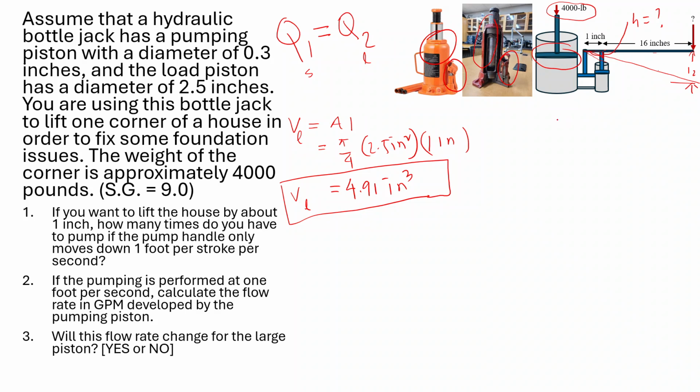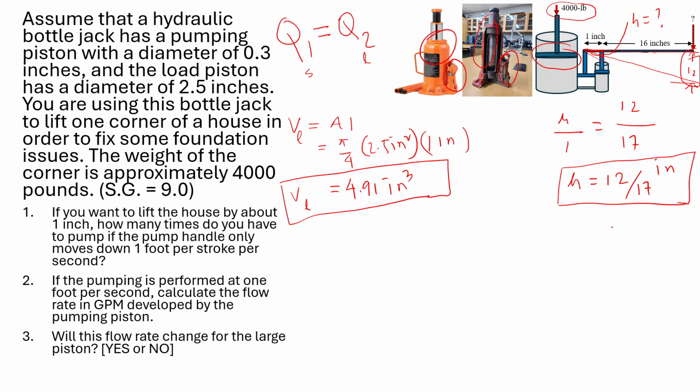So the small piston height change h divided by this distance, 1 inch, is equal to the large piston movement, which is 12, over the total distance of this, which is 17, 1 plus 16. So if you move the handle 12 down, it's going to make about this much movement for the small piston.